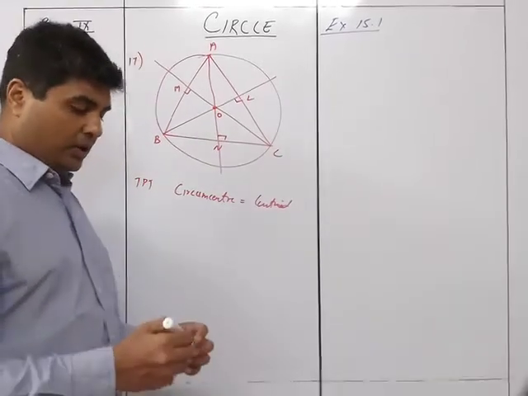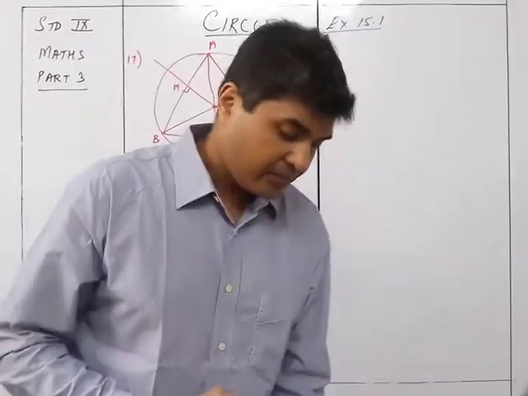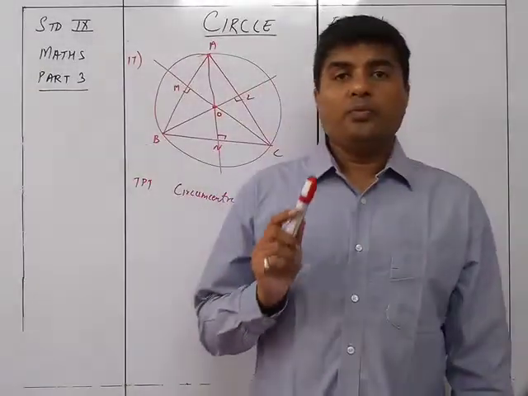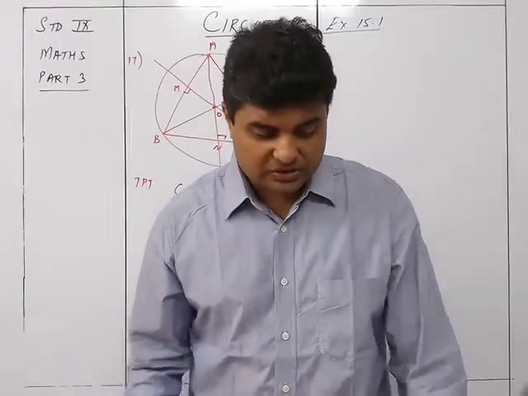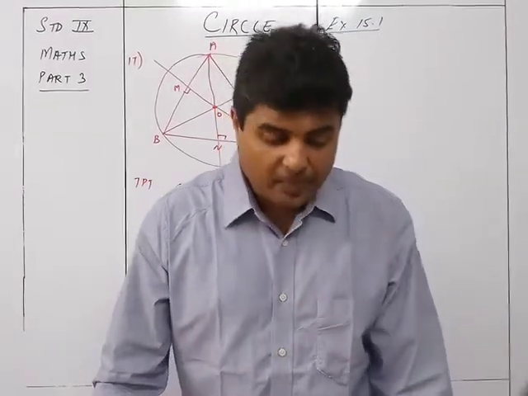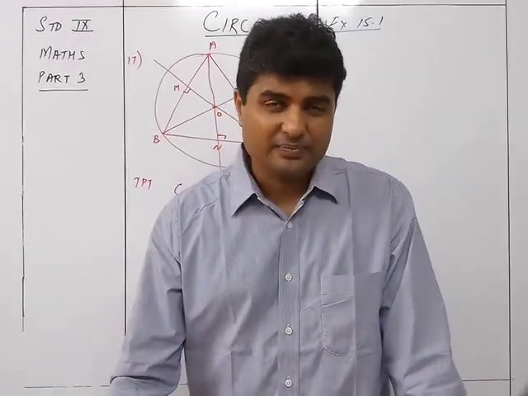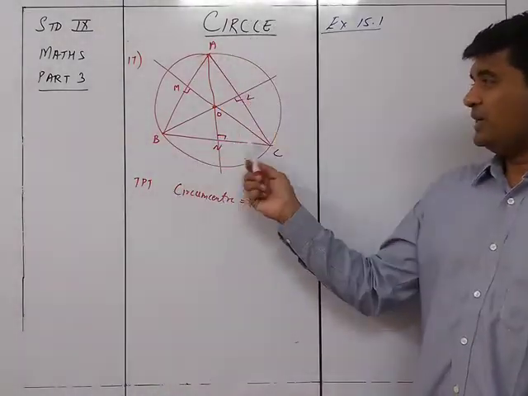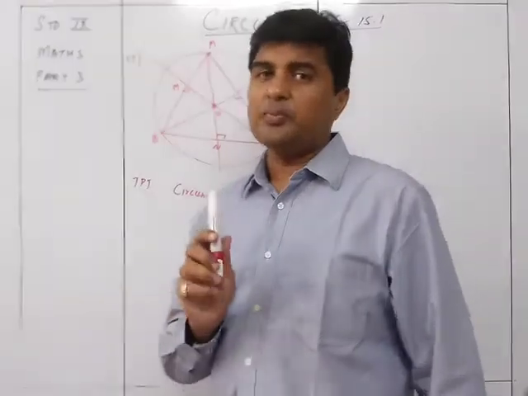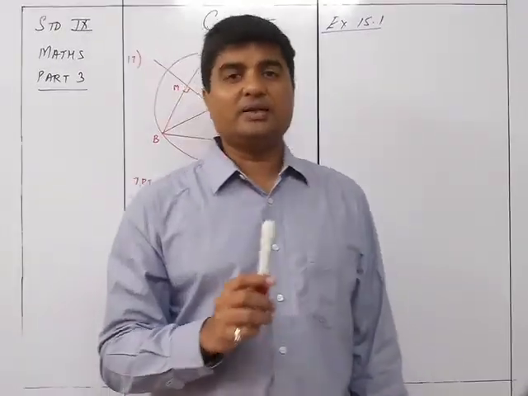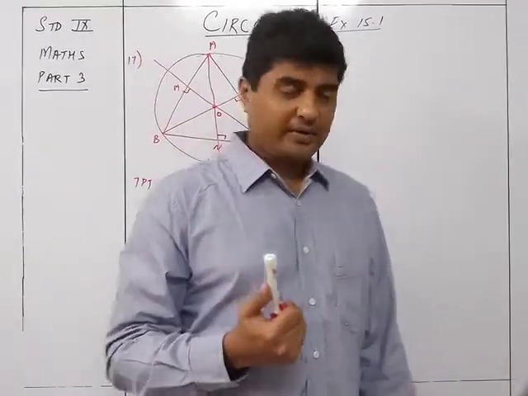Now understand it this way. You have to prove that the medians are perpendicular bisectors of the sides of the triangle. If you are able to prove that, then automatically that is also going to be the centroid.